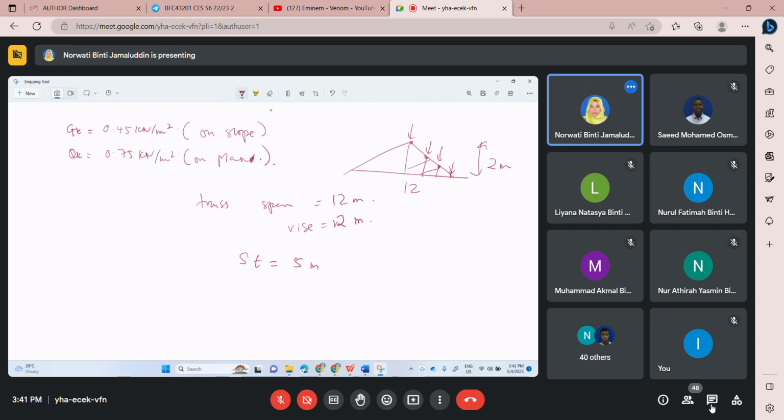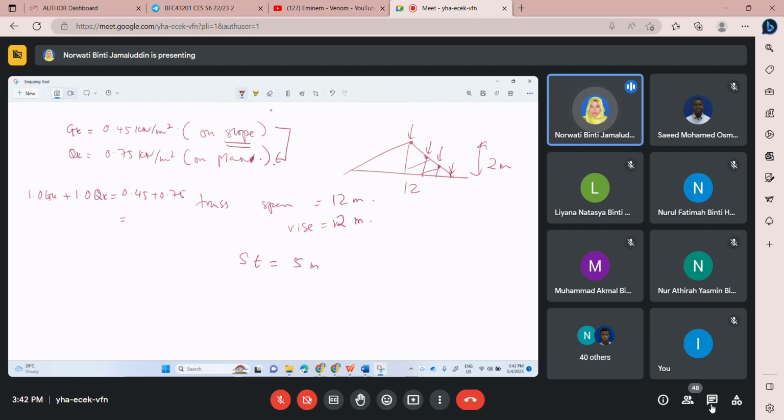First thing that you need to calculate, you know that loading is 1.0 GK plus 1.0 QK. This is typical, okay? Like I said again, I stress again, you need to consider load combination. So this is 0.45 plus 0.75. Berapa? Oh, no. See, I also forget.